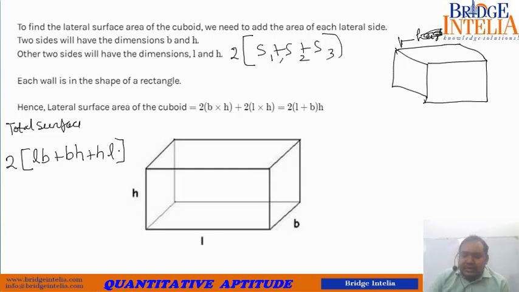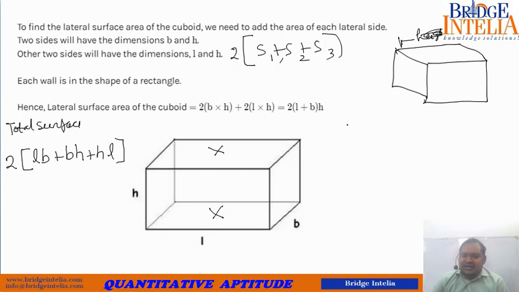But when you are finding only the lateral surface area, out of these 6 surfaces, you are not going to consider the top surface and the bottom surface. That means out of total surface area, you have to minus the area of the upper surface and the bottom surface.